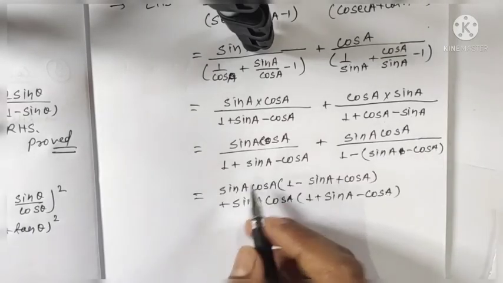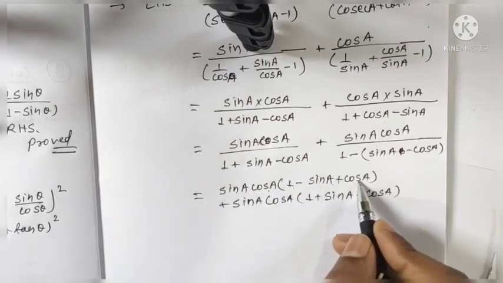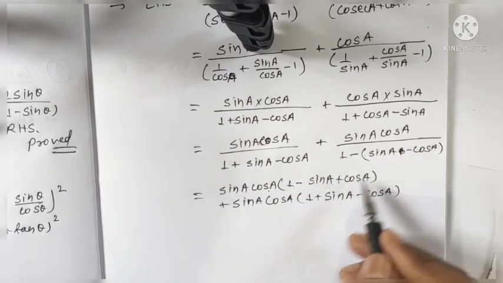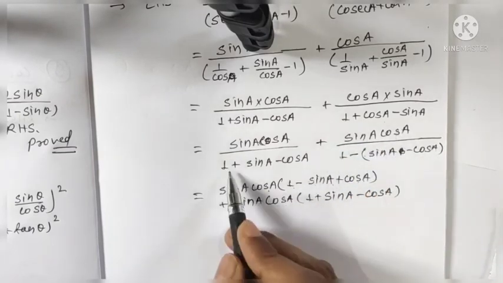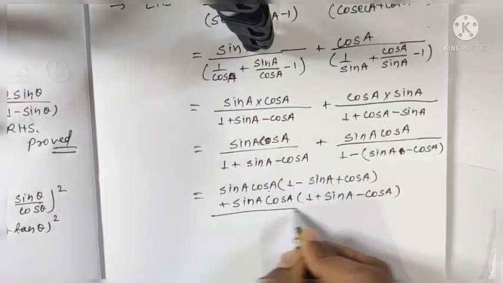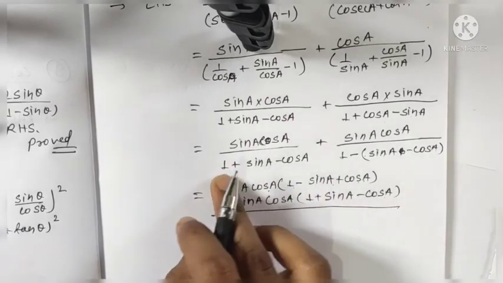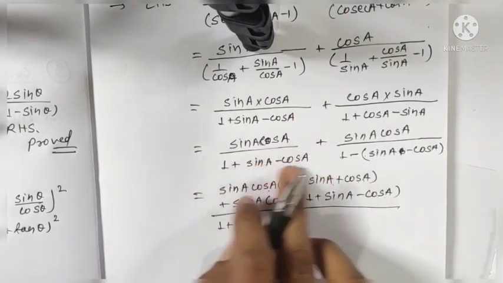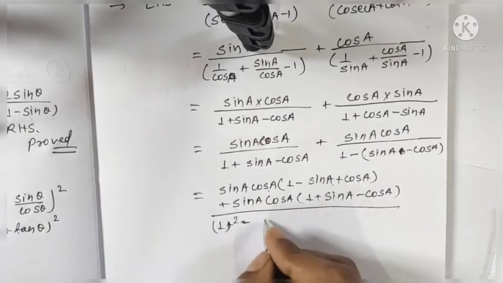Simple. Now by taking LCM, it will be sin A cos A (1 minus sin A plus cos A), because minus sin A is here and plus cos A is here, plus sin A cos A into (1 plus sin A minus cos A), divided by (1 plus ...). Now it is in the form of (a plus b) into (a minus b), so it will be a square minus b square.